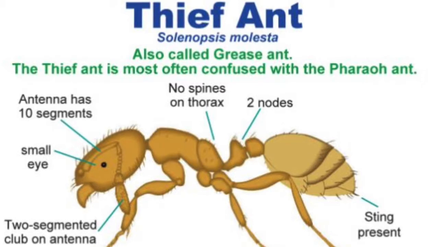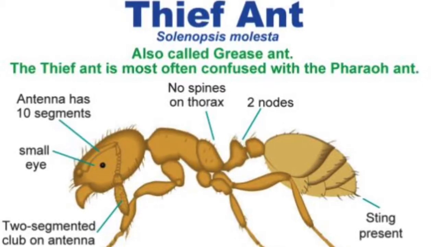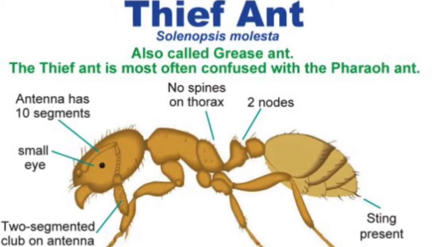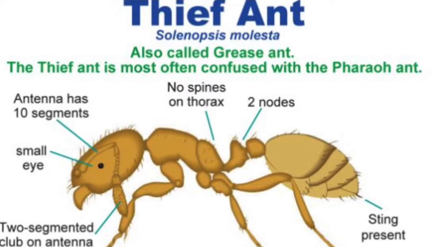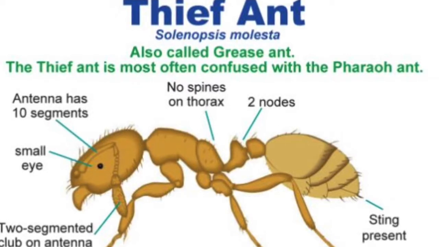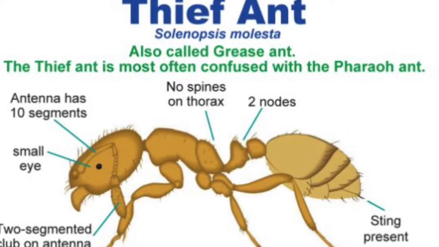Also notice that in this picture this ant has 10 segments to its antenna. This is another thing that we do in identifying ants, counting the segments in the antenna.